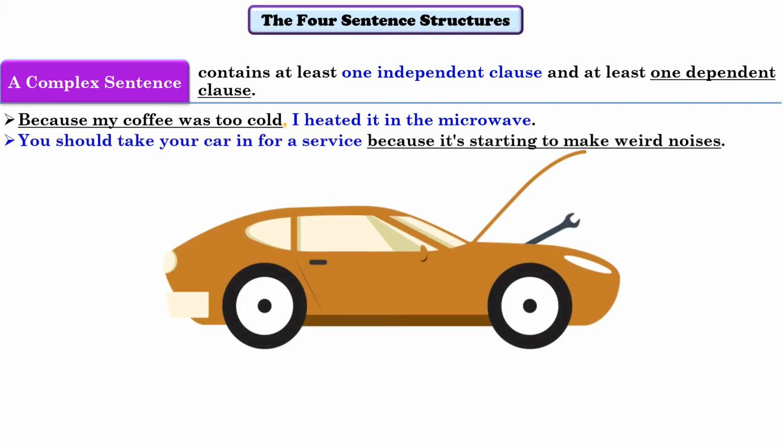Let's see another example. You should take your car in for a service because it's starting to make weird noises. You can see that in this case, we didn't put a comma because we started our complex sentence with an independent clause.